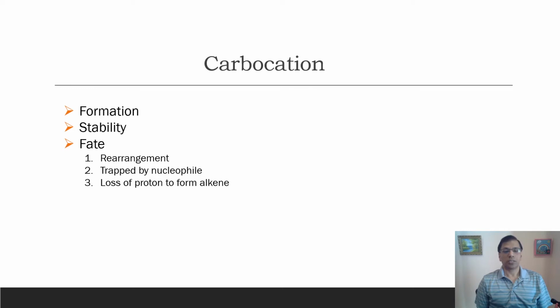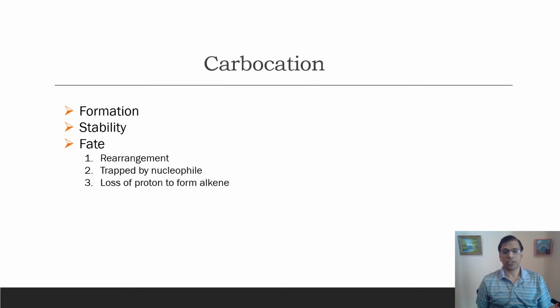So it's important to understand how carbocations are formed, the stability of different carbocations that are formed, and also what happens to the carbocation once it's formed. It can either undergo rearrangement, which is pretty quick since the rearrangements are intramolecular.